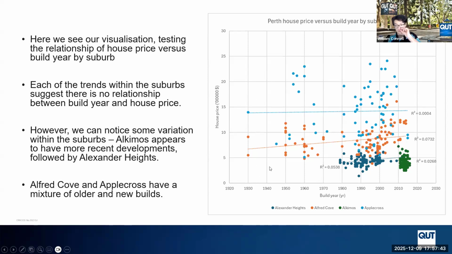So it looks as though the types of houses we would expect to see in these suburbs, based on the design and the layout, are probably going to vary between these suburbs in ways that we're not noticing.